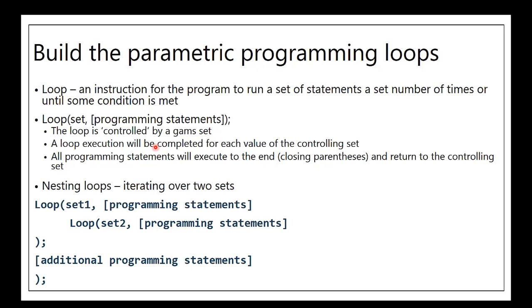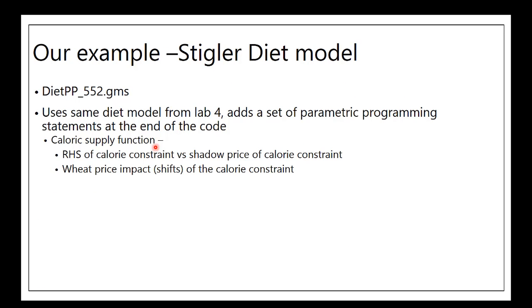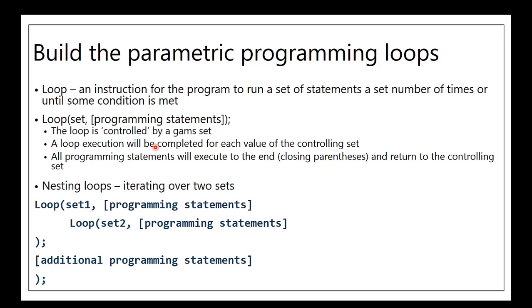We talked about, back in the slide right before, the purchase price of wheat from the Stigler model affecting the shadow price of calories.